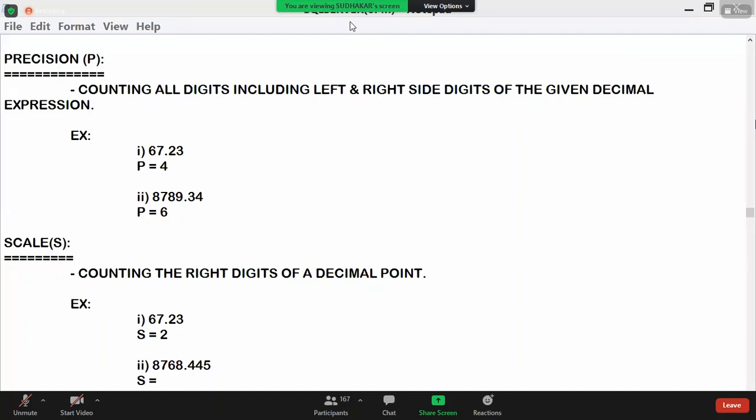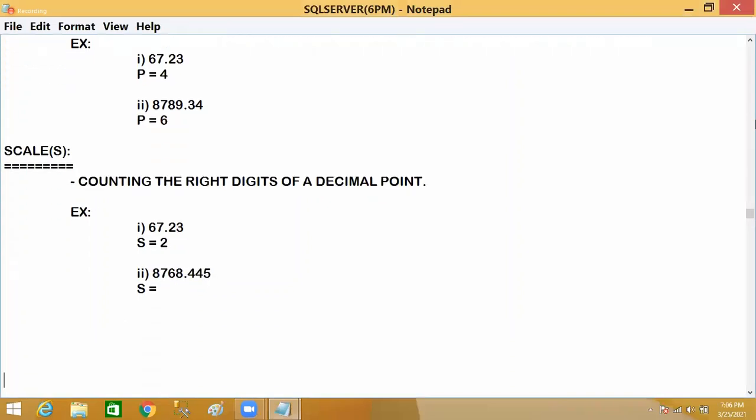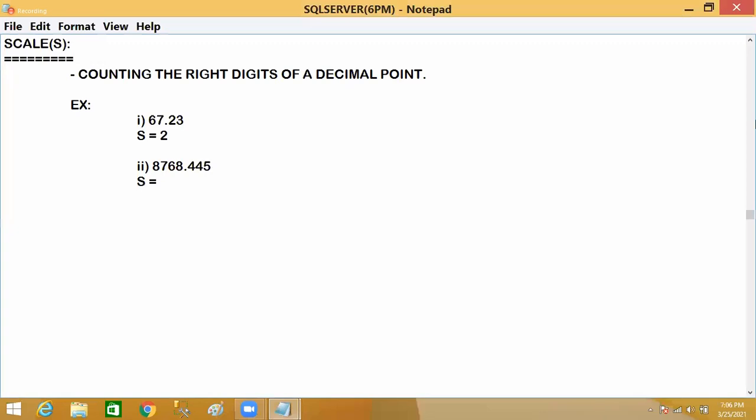Okay, so guys, tell me, in this expression what is my scale? 8768.445. If I ask what your scale is, yes, the scale is 3. Now in this expression, what is my precision value?